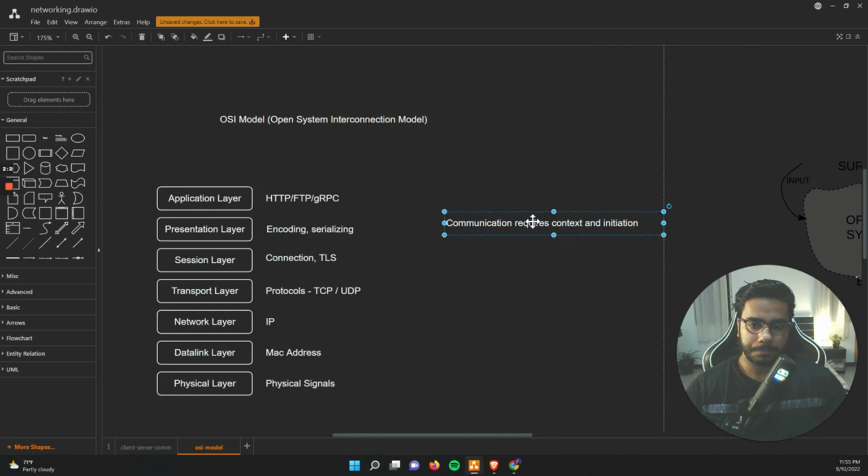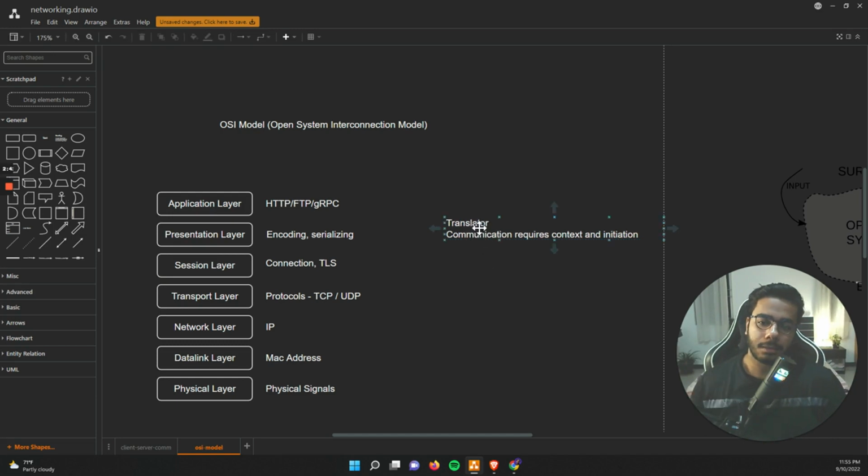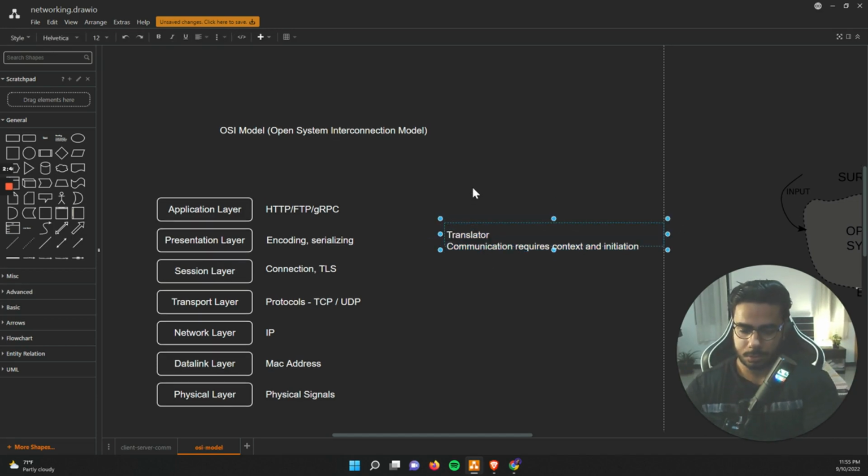Yeah, so let's precede it with a translator. As in, let's say you don't know how to speak French, you need a French translator to talk to someone who speaks French. Yeah, and so on basically. And let's put you on the top of it. Suppose you are trying to talk to someone, so you're on the top.